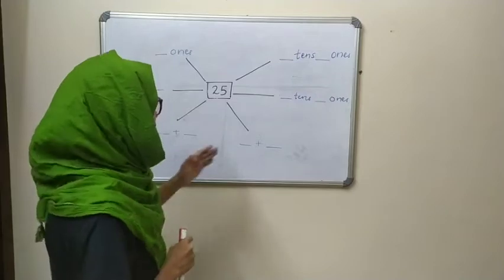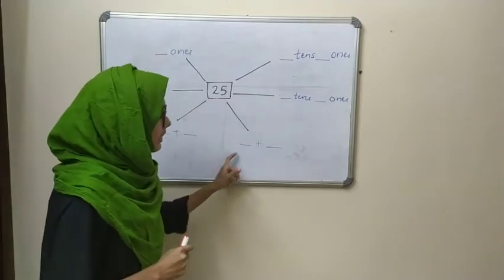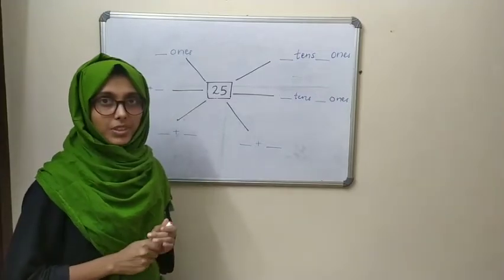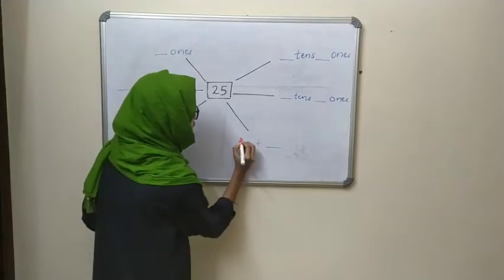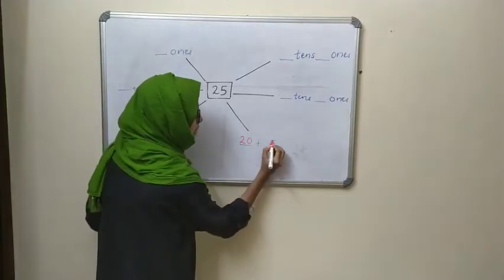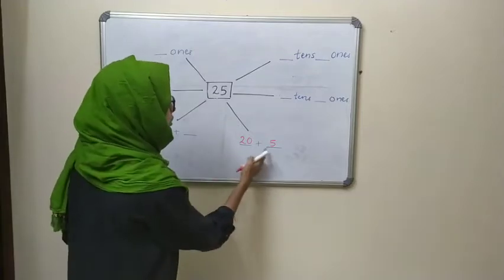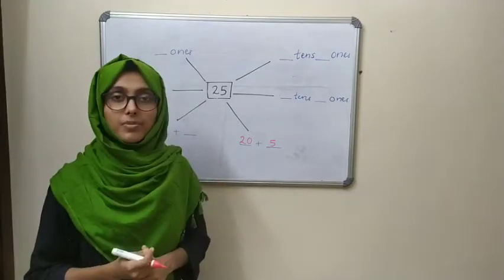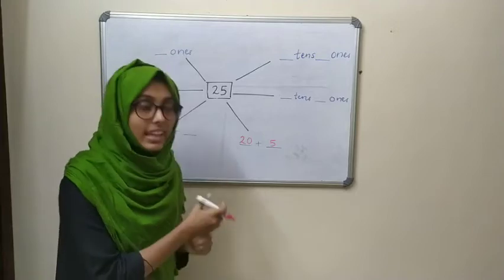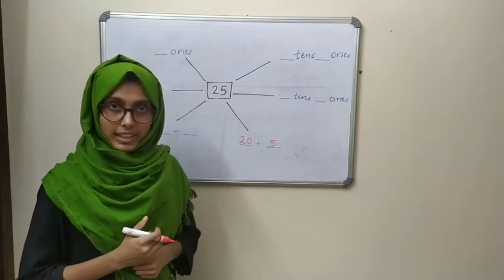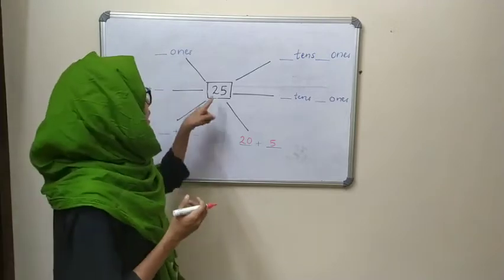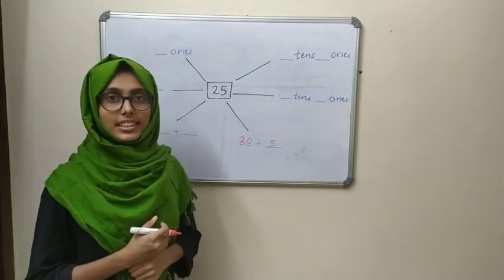Okay, let's look. What can you write here? You can write 20 plus 5, isn't it? What will you get if you add 20 and 5? You will get 25, isn't it?